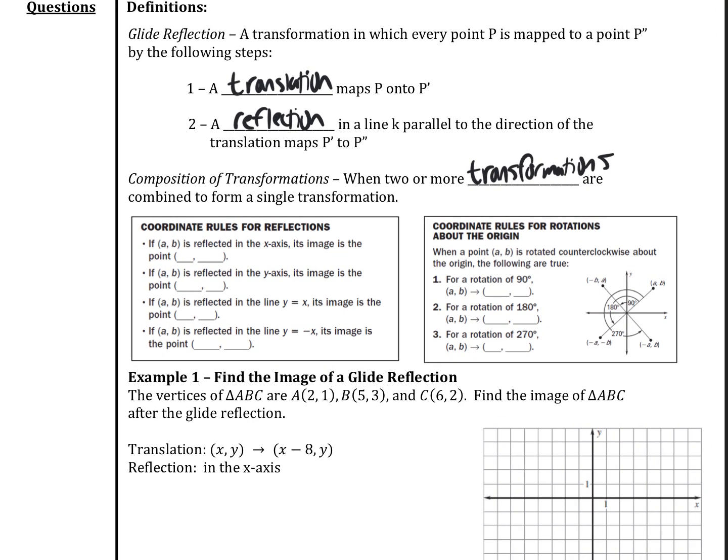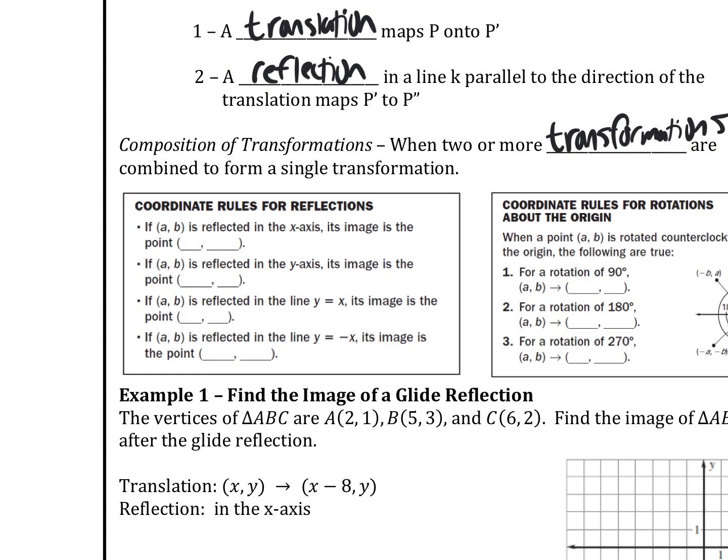Let's review some of these rules here, okay? The coordinate rules for reflections: we want to use x, y. I don't really like the a, b stuff. The rule for reflecting over the x-axis is x and opposite of y. Reflecting over the y-axis is opposite of x and y.